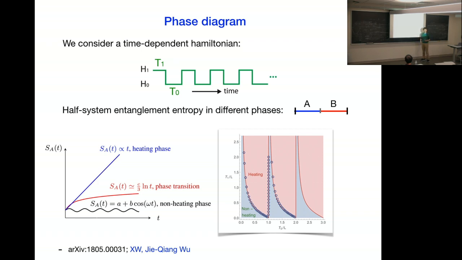Although this is not a good name, as you will see later, we simply use it. Because the entanglement entropy always grows, it seems like we are heating the system, so we call it the heating phase. At the phase transition, the entanglement entropy grows like log t.